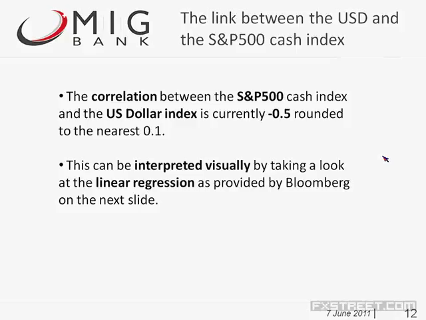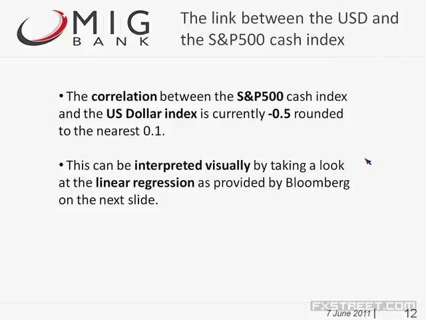This correlation is currently at about minus 0.5, rounded to the nearest 0.1. And the best way to interpret this correlation is to look at the linear regression between the two variables, the S&P 500 cash index and the US dollar index.